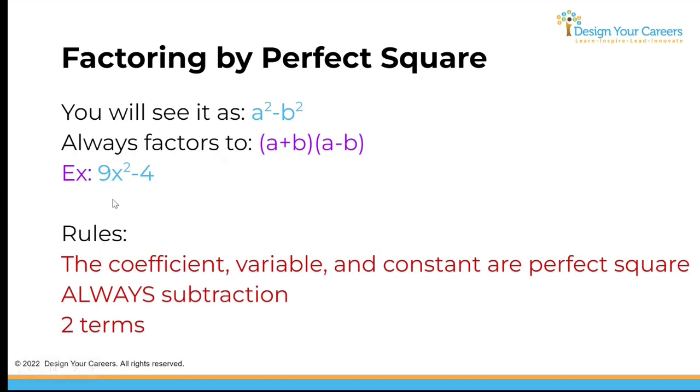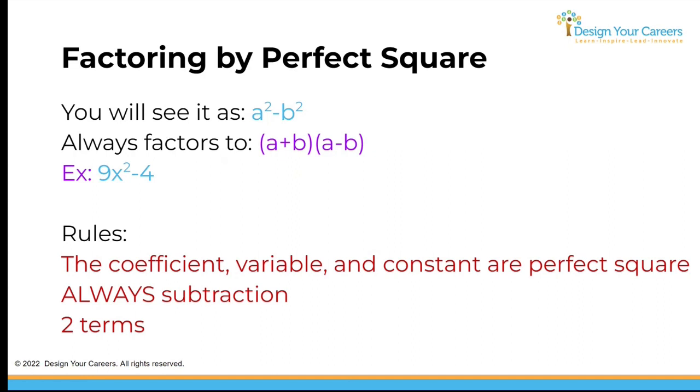In both the example and this template, it's only two terms. Only two. Not 3, not 4, but 2. This is very crucial to factor it, and you'll see why it can only be two terms once we start factoring.